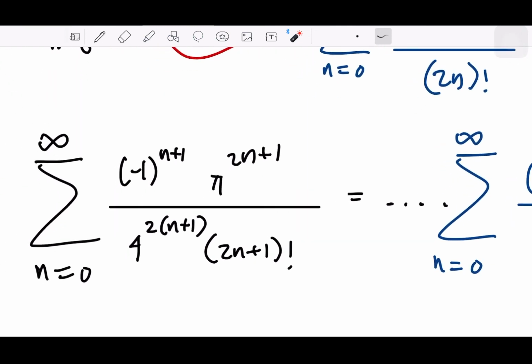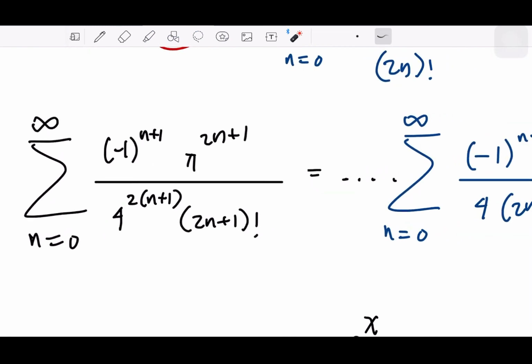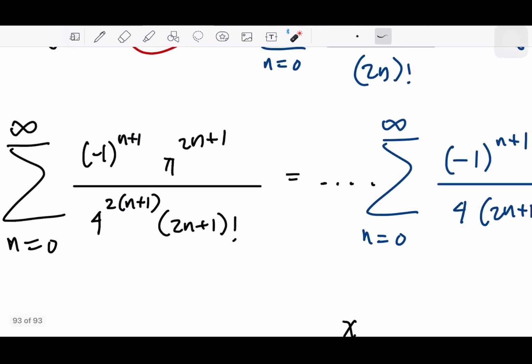Now the other questions that we have are kind of more complex. If we look at how we are dealing with this, we see that we have this 2n plus 1 factorial, so we are probably getting the vibes that this is our sine.